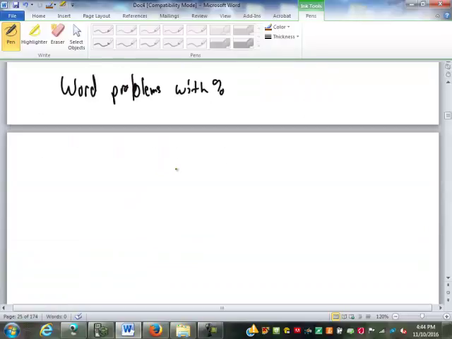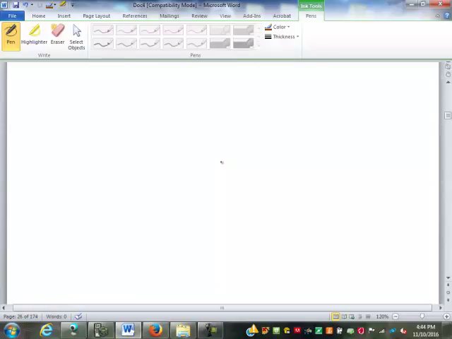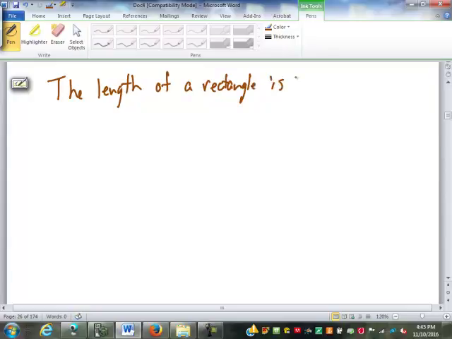So, other word problems that we've looked at, like: the length of a rectangle is 7 more than the width.